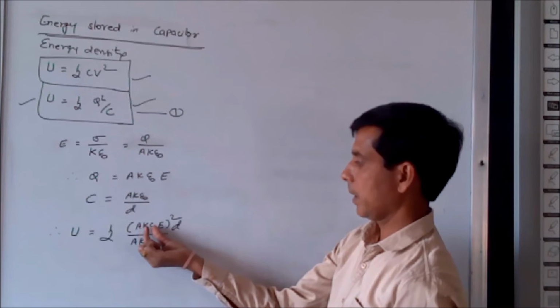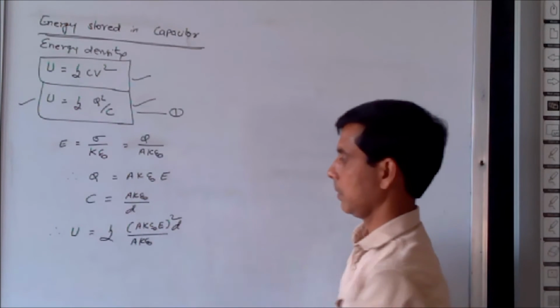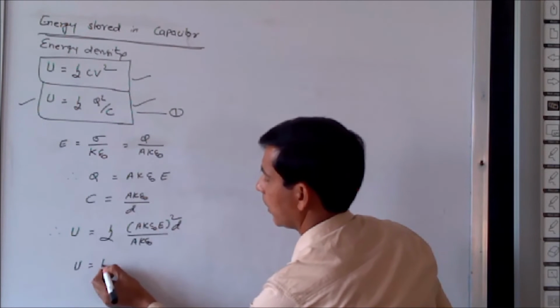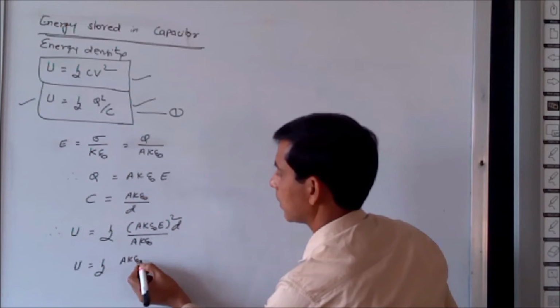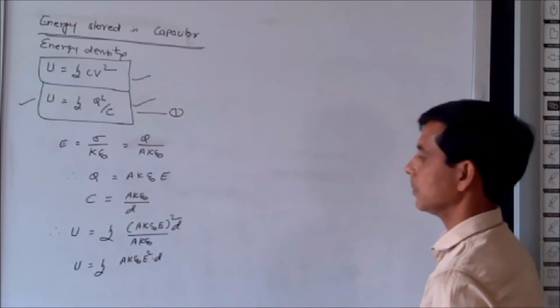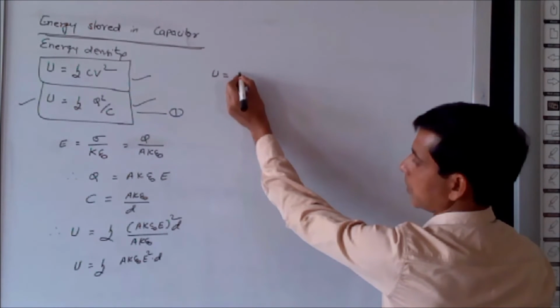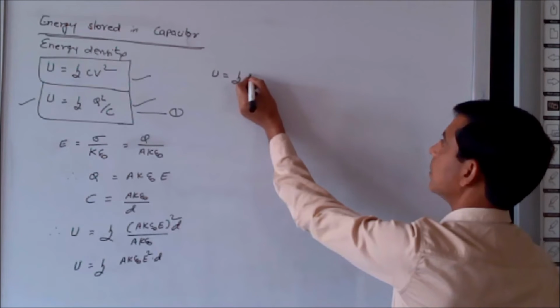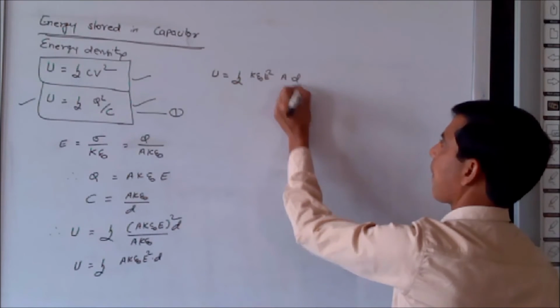Here 2 and a k epsilon naught, one cancels, then we get 1 by 2 a k epsilon naught e squared into d. It can be written in simplified form as 1 by 2 k epsilon naught e squared a into d.